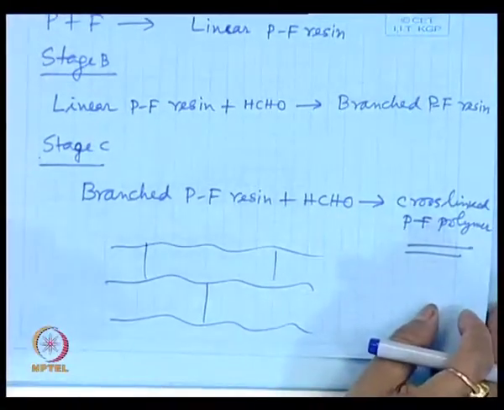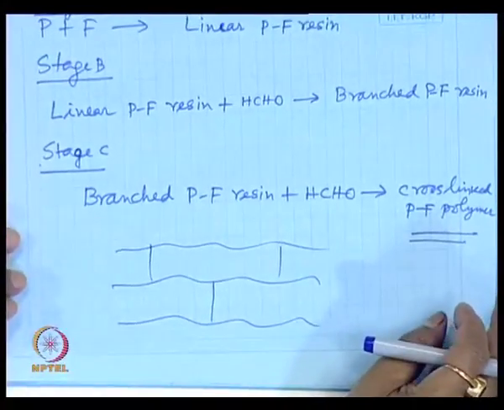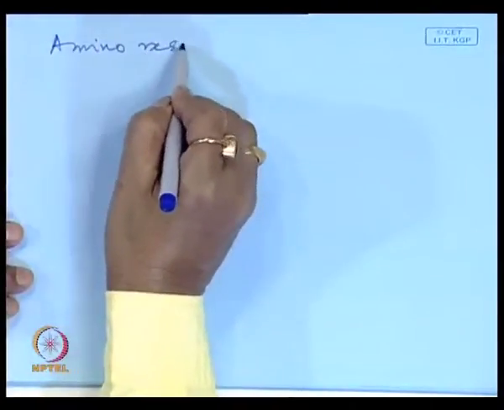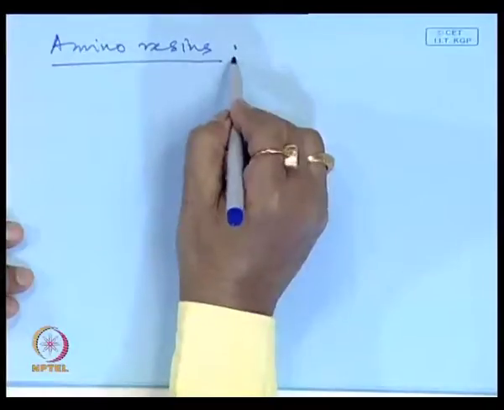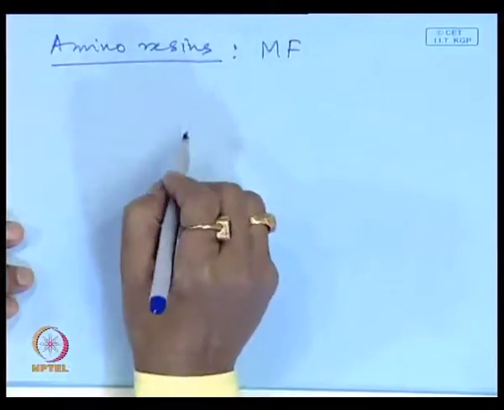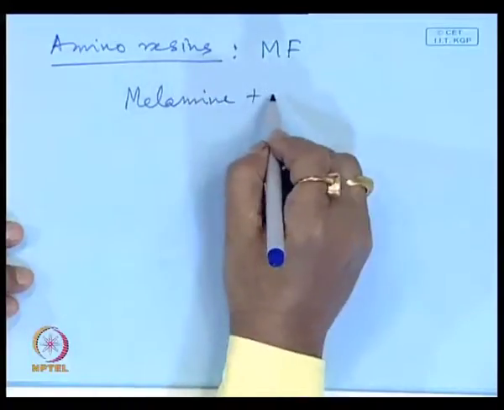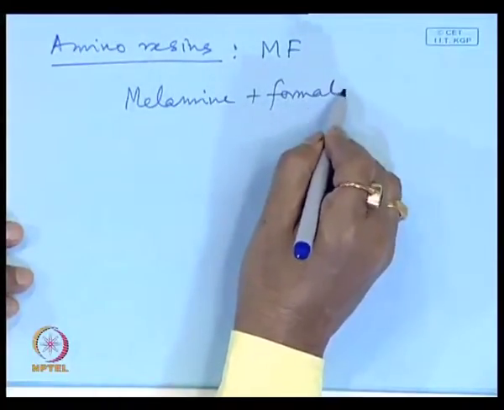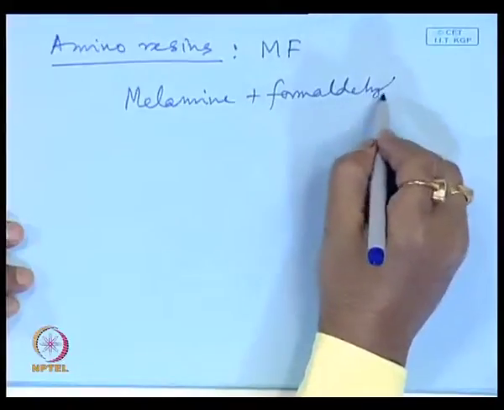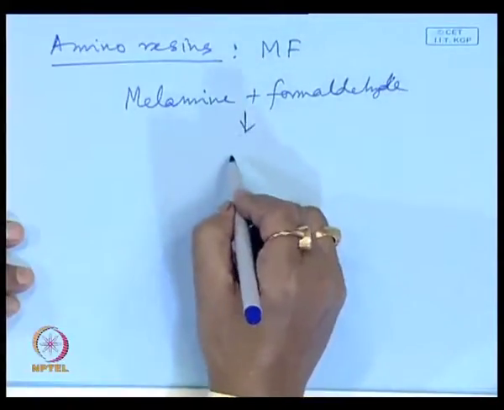So, this is PF. Similarly, we can have amino resins, melamine formaldehyde: melamine reacts with formaldehyde, we get MF.